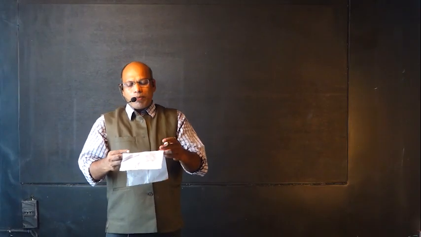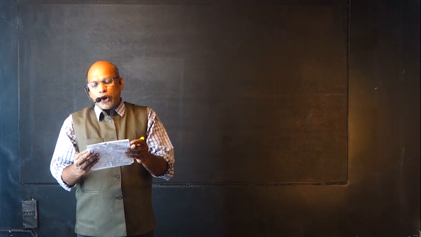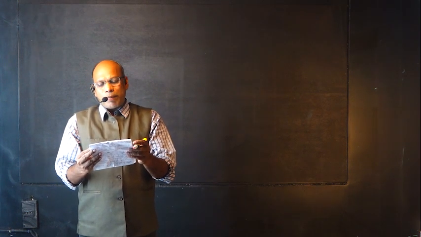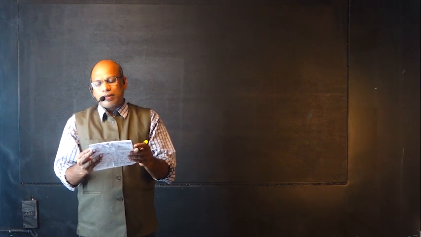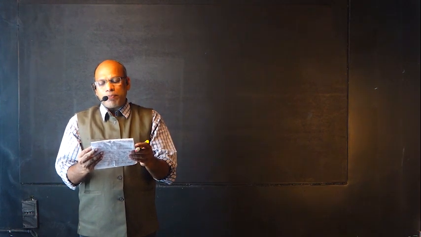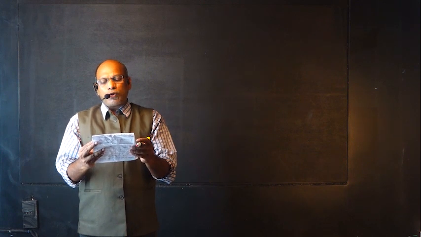Now we are going to discuss one more problem related to minor losses. Please note down the problem. Water is flowing through a horizontal pipe of diameter 200 mm at a velocity of 2 meter per second.